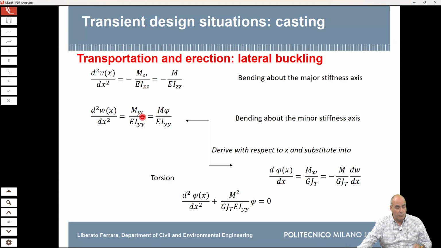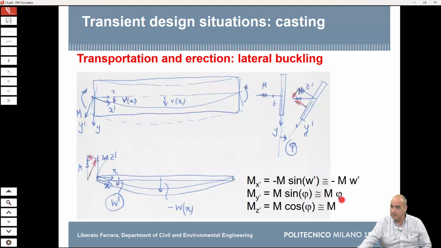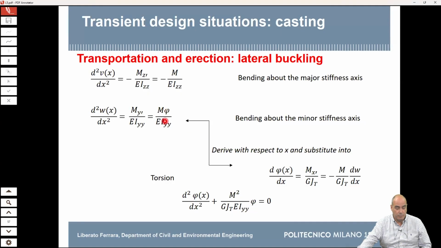But we have here My prime, and Y prime is written here, is M phi. So put it and replace it. And this is the torsion equation, which correlates the derivative of the rotation angle to the torsion moment divided by the torsional stiffness. This G is the shear modulus of elasticity. For isotropic material it is E divided by 2 times (1 plus nu). And J_T is the polar moment of inertia.